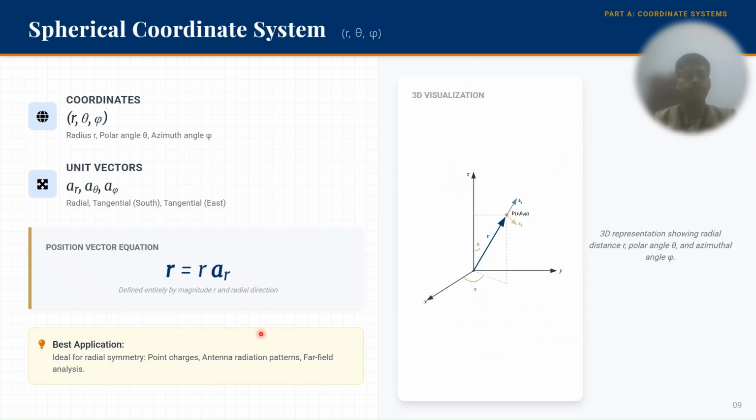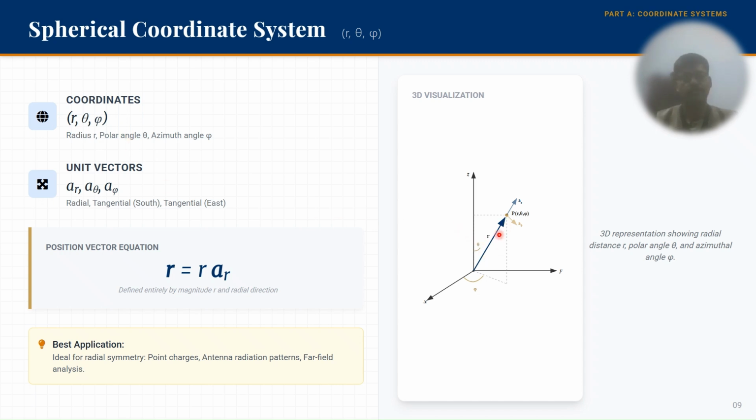And next is the spherical coordinate system. The spherical coordinate system is for a spherical structure, like a ball. Any point over the ball, and we try to find the field at that point. So there we need to apply the spherical coordinate system. There are three quantities: r, theta, and phi.